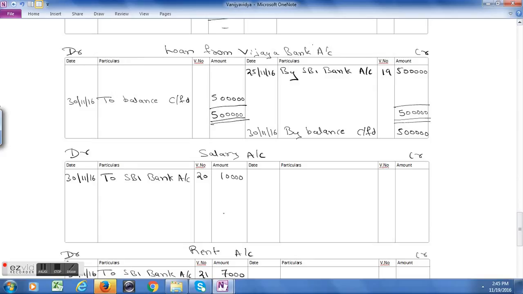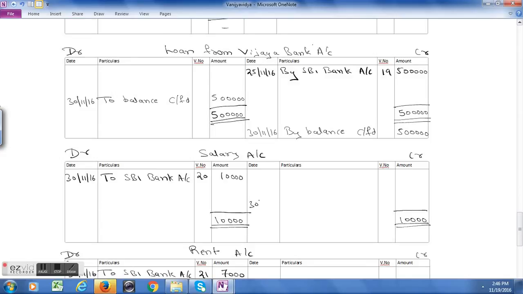Okay, now we'll go to the next account, that is salary account. Okay, so salary account, again the total is 10,000 since there are no credit entries, right?